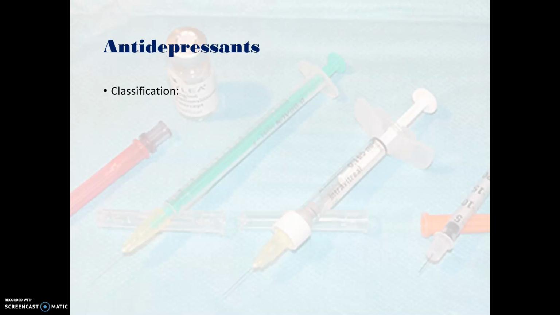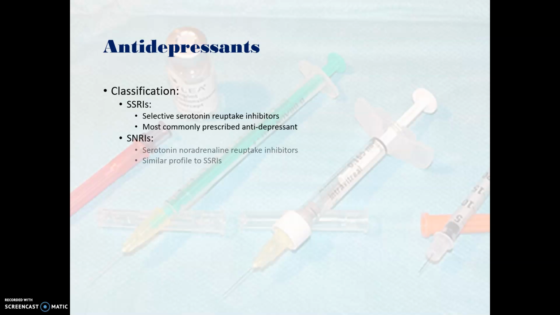When we think about antidepressants, we can classify them into these groups. The selective serotonin reuptake inhibitors, which are nowadays the most commonly prescribed antidepressant. The serotonin noradrenaline reuptake inhibitors, which tend to have a similar profile to the SSRIs.